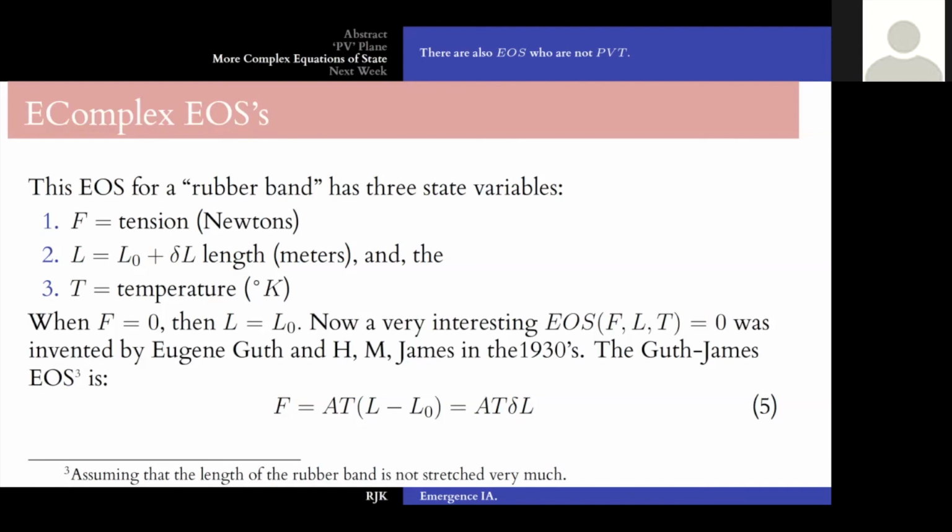The equation of state was invented in the early 1930s by Eugene Guth and H.M. James.